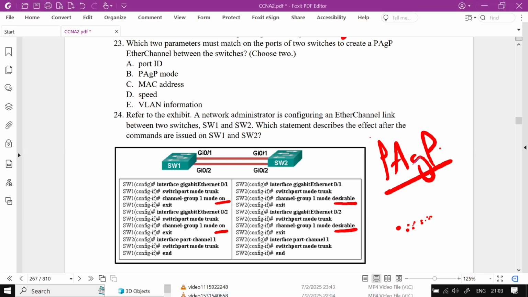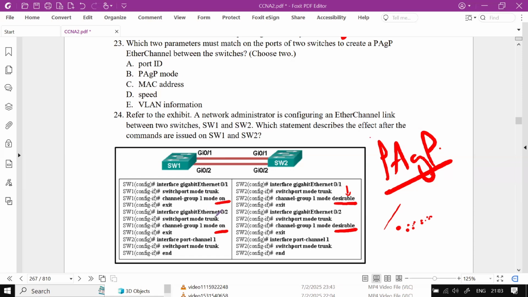The other one now, these ones, they are negotiating and they are initiating the negotiations. So what? Okay, so that means they can share the connection. Exactly. That's exactly the answer there.